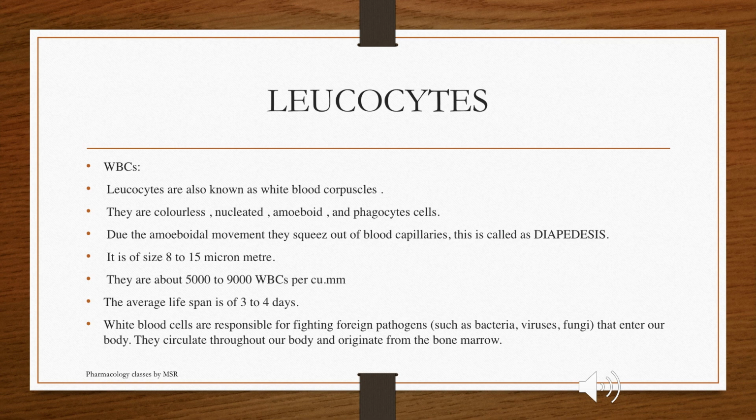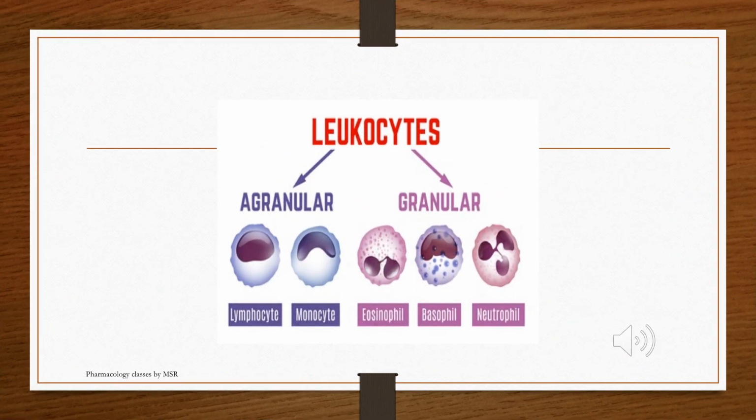They circulate throughout our body and originate from the red bone marrow. The WBCs or leukocytes are divided into two types, agranulocytes and granulocytes. Agranulocytes include the lymphocytes and monocytes, whereas granulocytes, which contain granules, include the eosinophils, basophils and neutrophils. These are the different types of WBC cells.